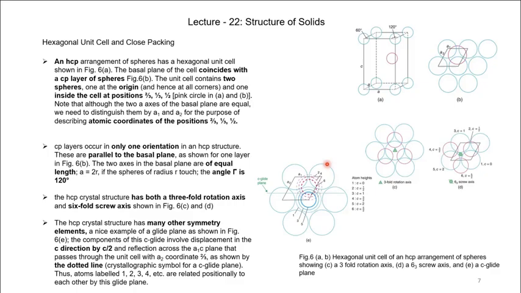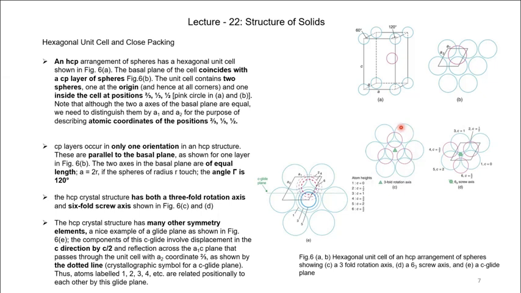This one is showing the C glide planes, and there are the positions 1, then 2, 3, 4, 5, and 6. And this is created due to the C glide plane. And then we also see the atomic heights of the C glide planes.